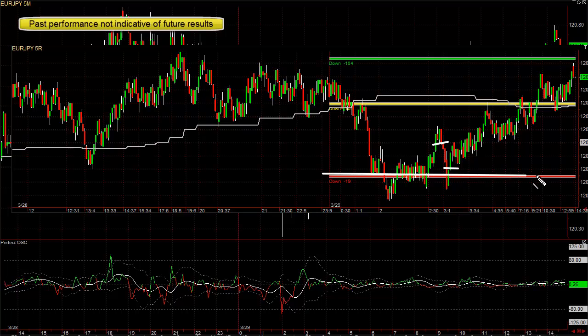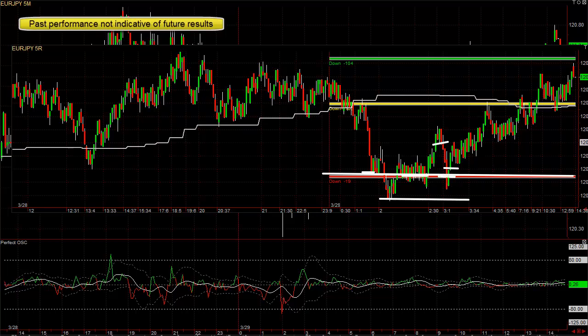This is also the value area low of yesterday, and it's likely to be support. And so if this level is penetrated and stays underneath there, it's very likely to go down and test the lows here. If it doesn't and can't break these lows, it's likely to act as support, which it did here, here, and again here, unfortunately.